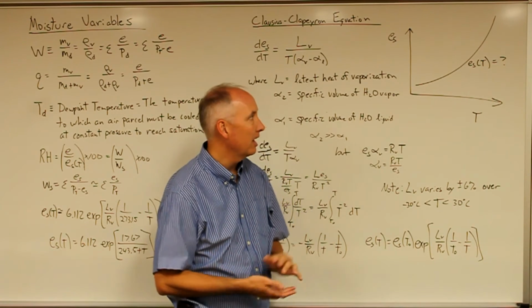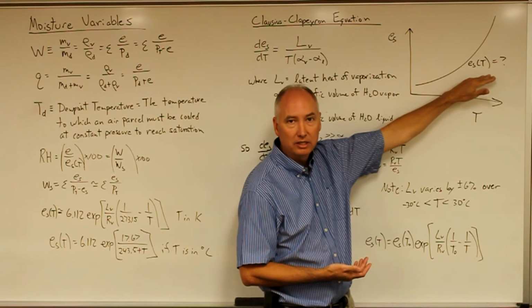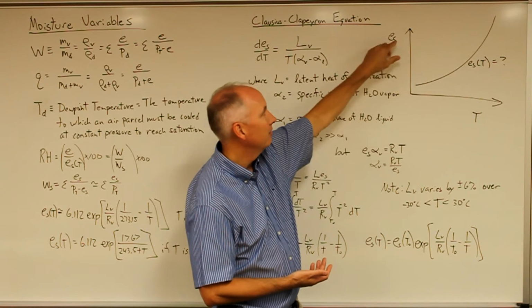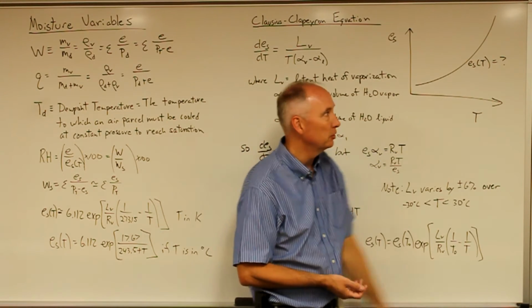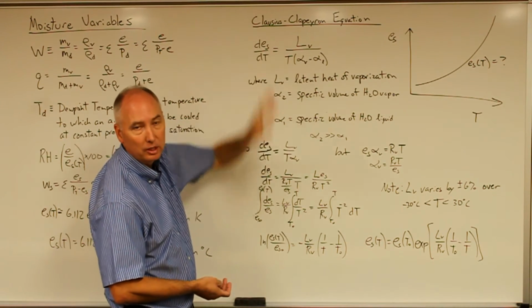What we want to do is develop an equation that describes this function so that we can have a functional form for the saturation vapor pressure as a function of temperature. In order to do that, we're going to use the Clausius-Clapeyron equation.